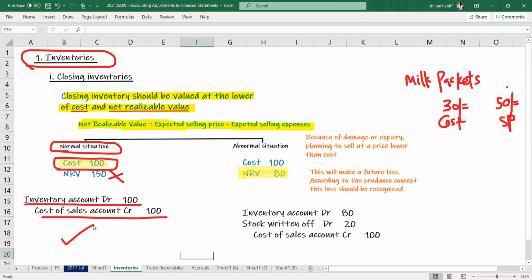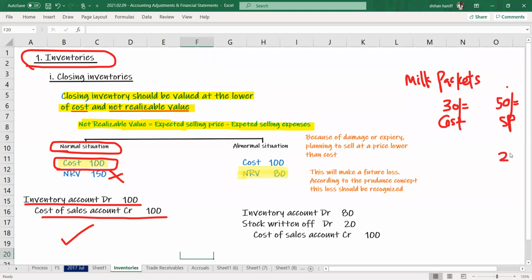This is what we did in the previous question. Inventory account debit, cost of sales account credit. And sometimes you will sell this at less than the cost. Let's say you purchase at 30, due to some damage, or if the expiry date is very close, you want to sell it as fast as possible.